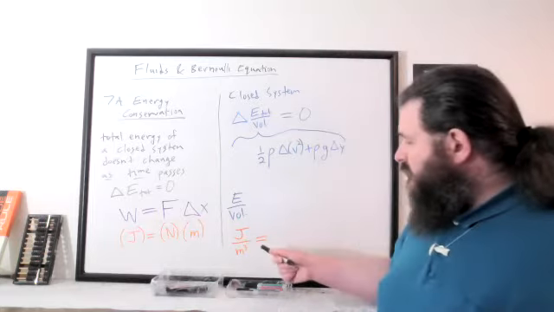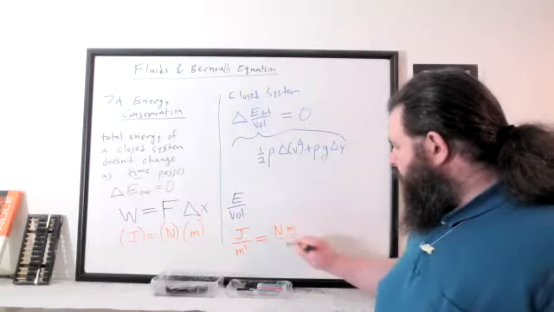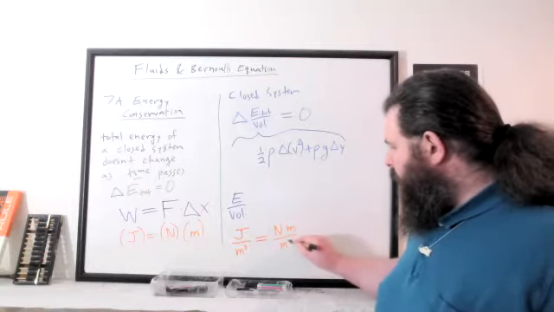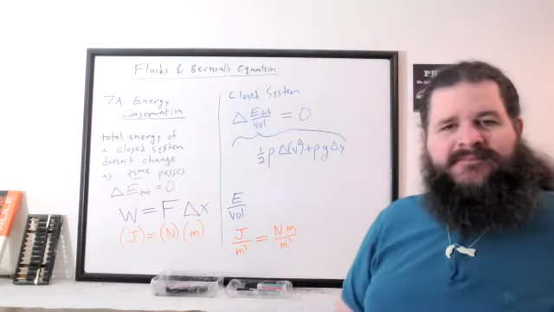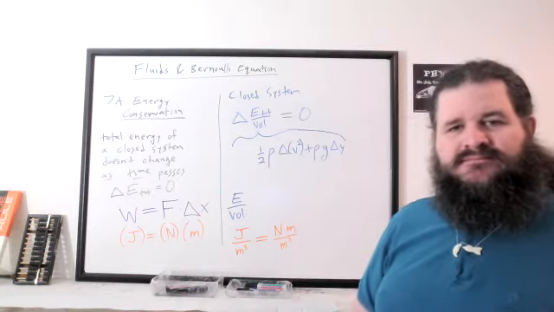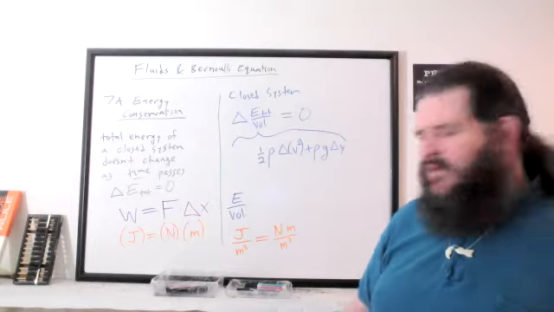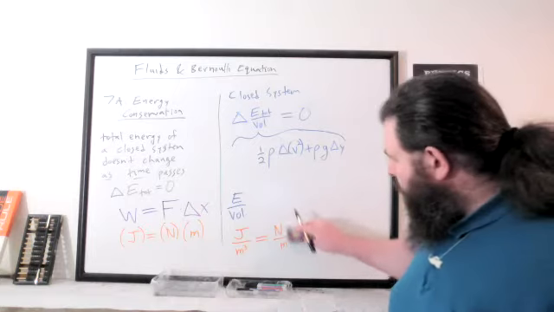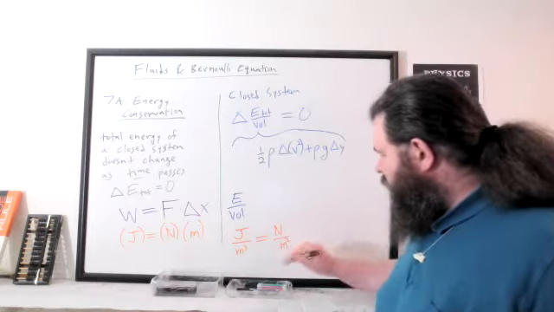If we make that substitution here, if we replace joules with newton meters and divide by meters cubed, what do you get if you simplify that? Yeah, one of the meters cancels out. So you're left with just newtons over meters squared.